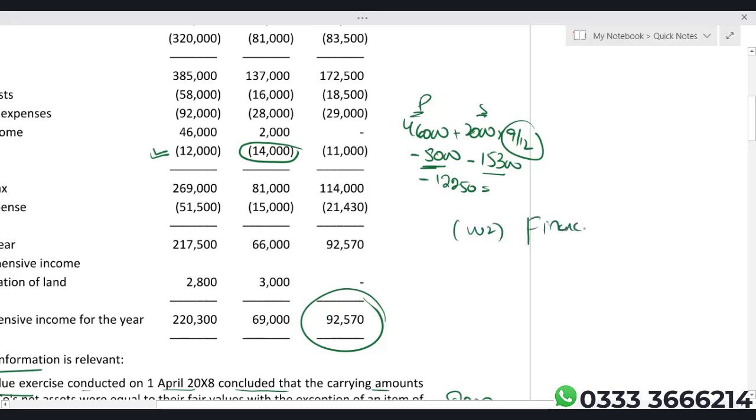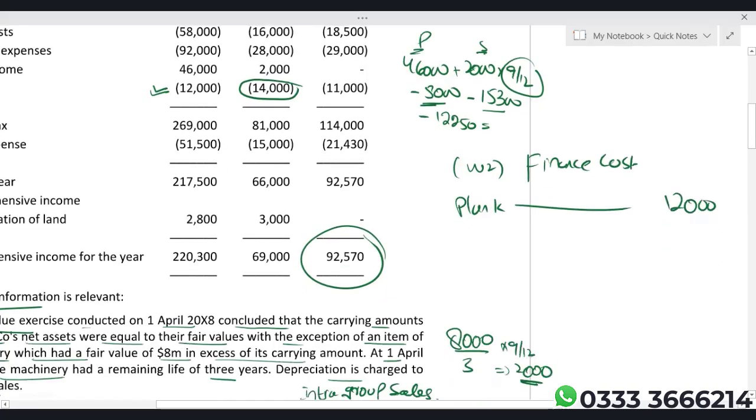That is finance cost. Plank is having 12,000. Strip is having 14,000. But out of this 14,000, in the post-acquisition period, 5,000 is interest payable to Plank. So let us first deduct that.